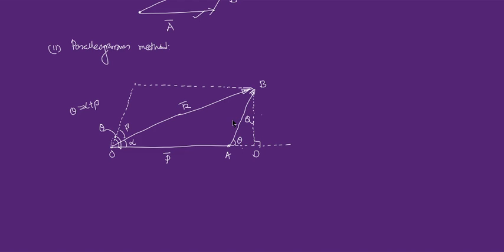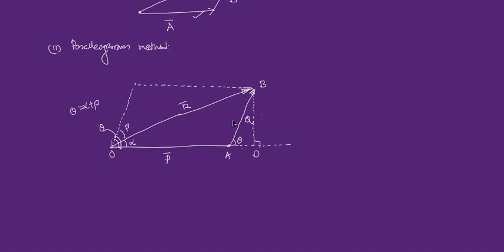Similarly, I can get cos theta is equal to this side, so it is ED upon Q bar again. So I'll get the magnitude of DB is equal to sin theta into Q bar, as well as this ED is equal to cos theta into Q bar.